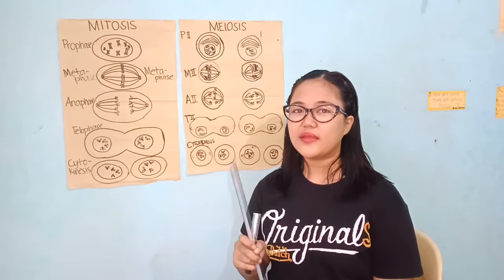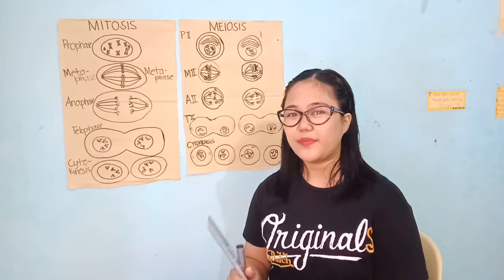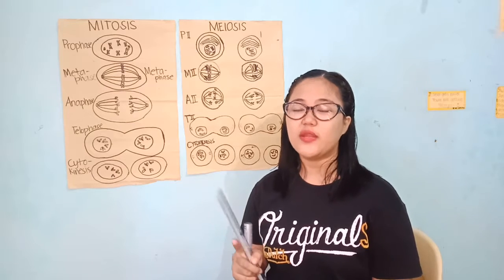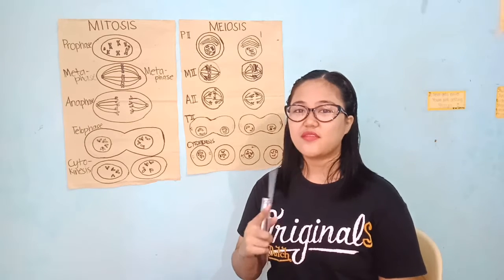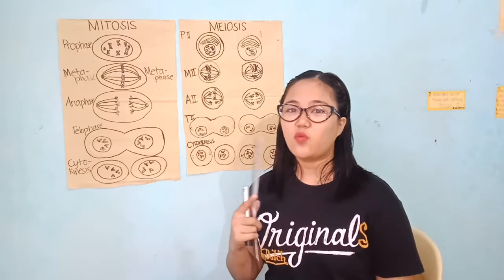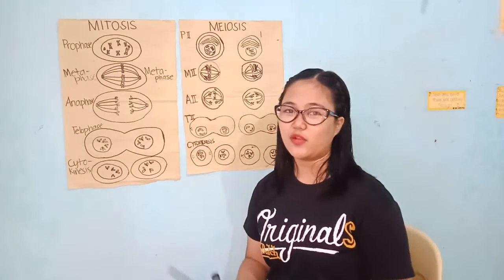The second type of reproduction is sexual reproduction. Sexual reproduction is the fusion or intercourse between two sexes or gametes, one from the female and one from the male. That's sexual and asexual reproduction.